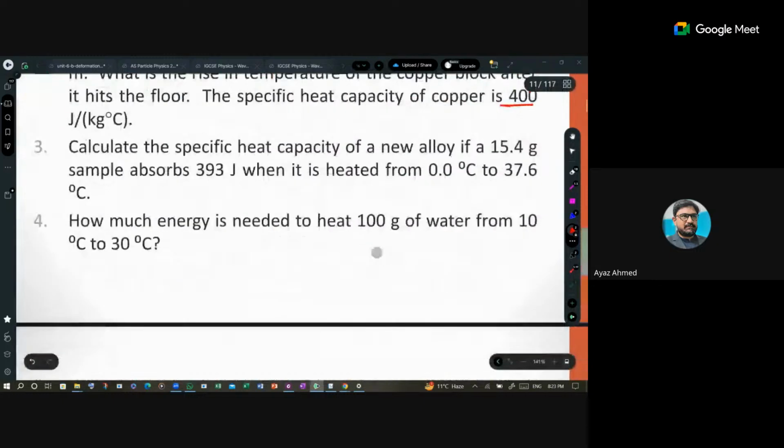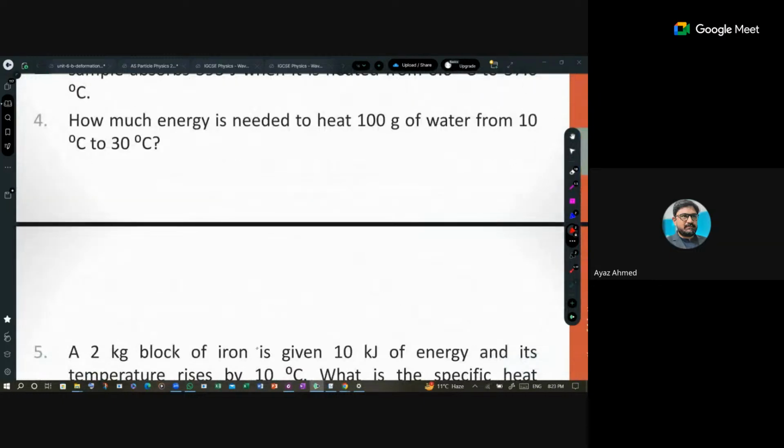So you know how to solve this question. A copper block is dropped from a height. So here it has all of its energy as mgh. When it is being dropped, all of the mgh is converted into its thermal energy.